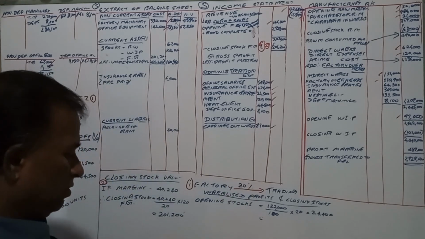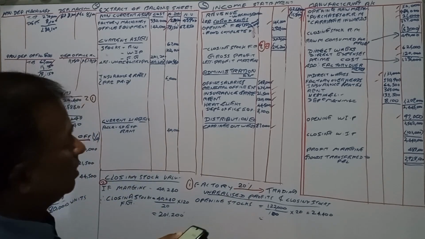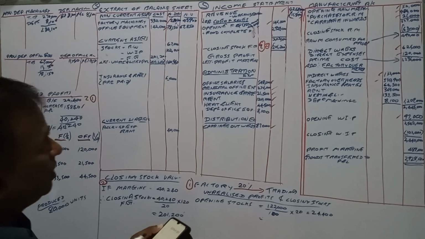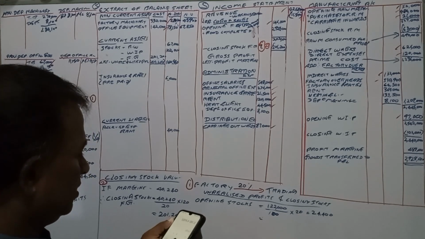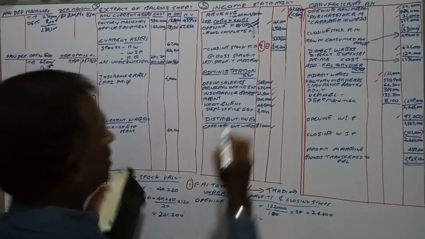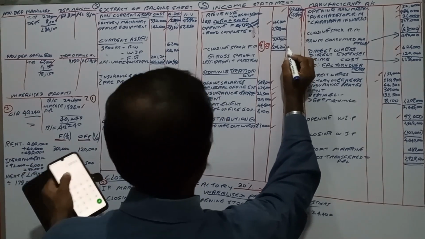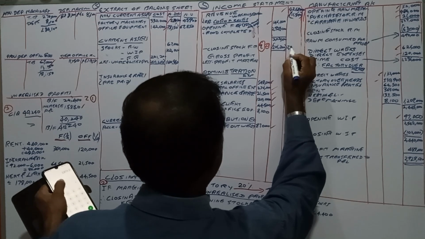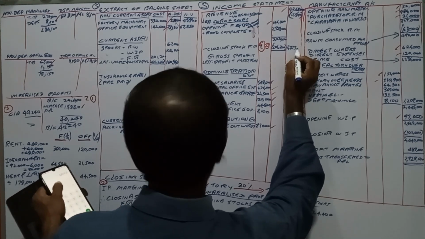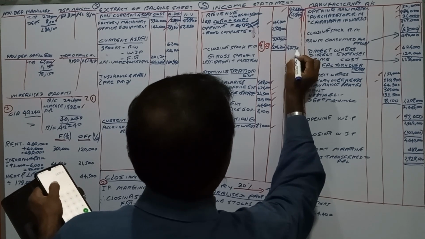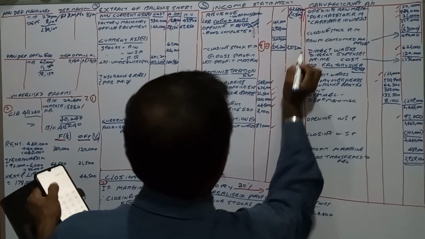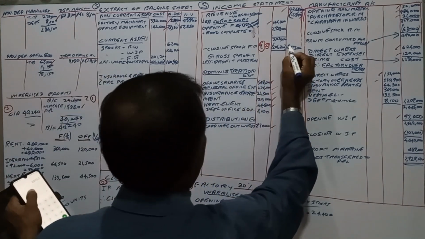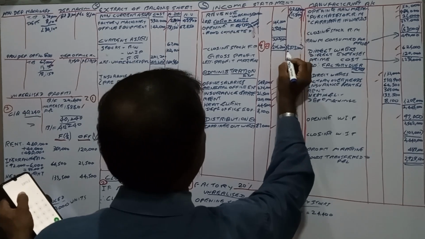From that, you have to deduct 201,200. The cost of sales is 2,873,200, right? This is the cost of sales.